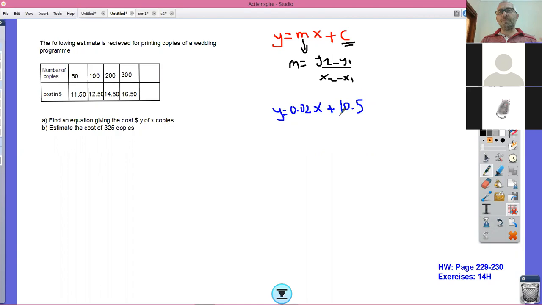For example, if we have 250, 350, 400, 500, or 3 or 2, this is our formula now. Now X will be equal to number of copies.